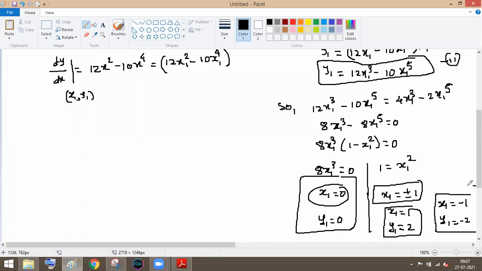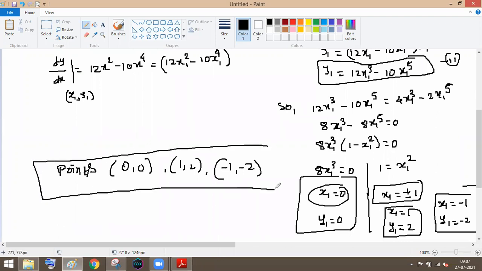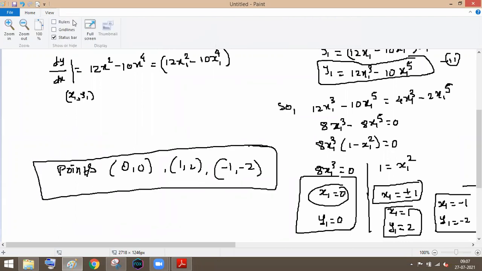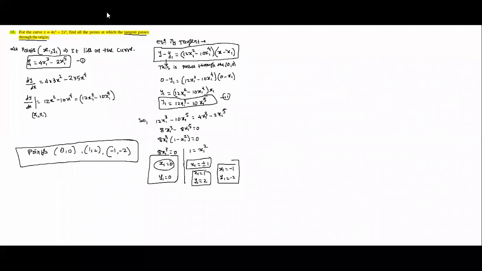So this is another pair of the points. So all the points through which the tangent will pass through the origin are 0, 0, 1, 2, and minus 1, minus 2. So this is the answer. Just write it down.